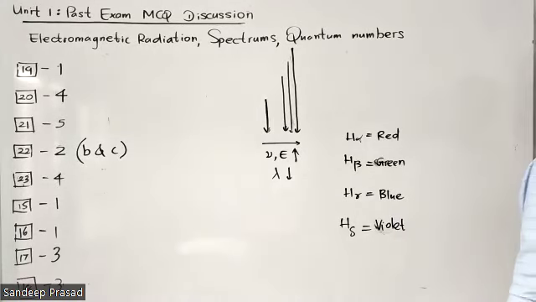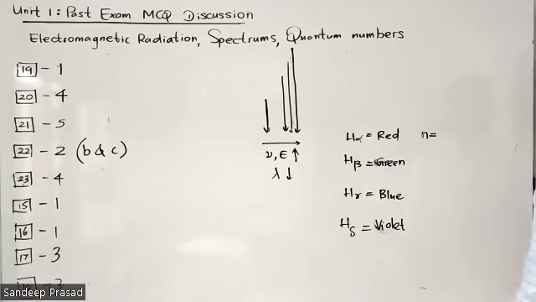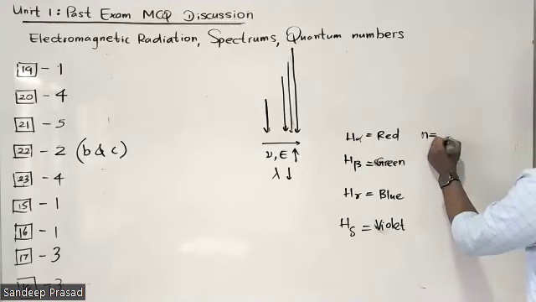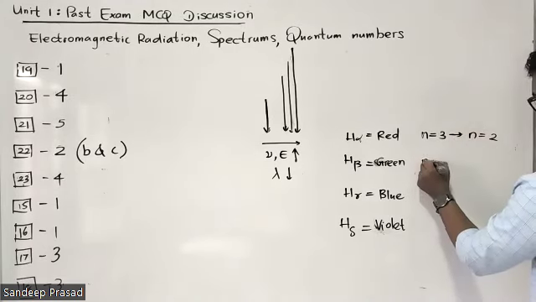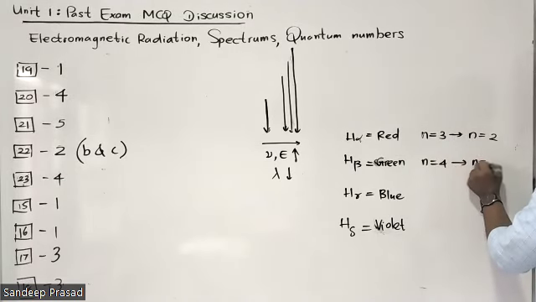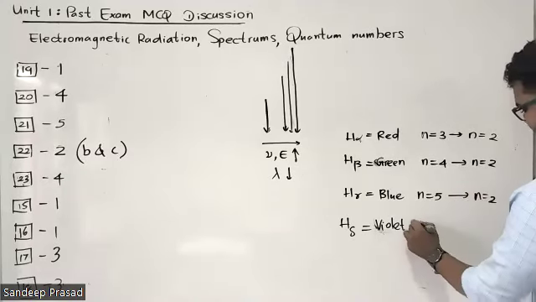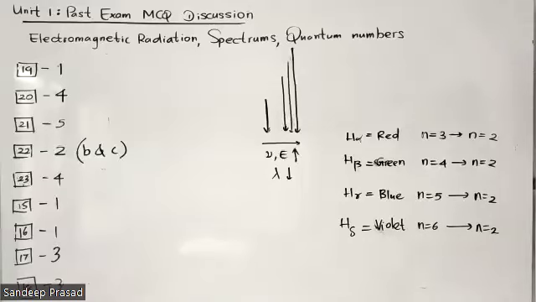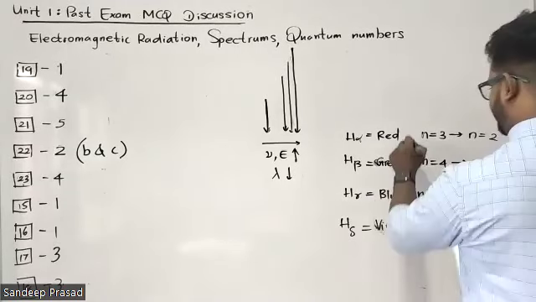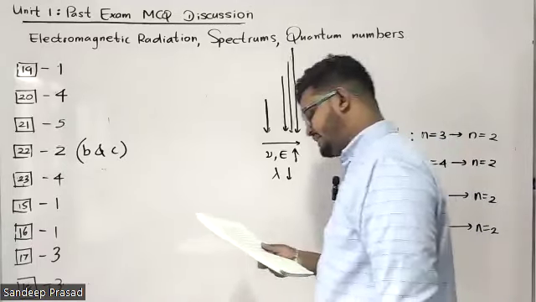So H alpha means the electron transition is n equal 3 to n equal 2. This is the electron transition from n equal 4 to n equal 2, this is n equal 5 to n equal 2, and this is n equal 6 to n equal 2. Understood? So these are the corresponding electron transitions. Therefore, the second statement is correct.